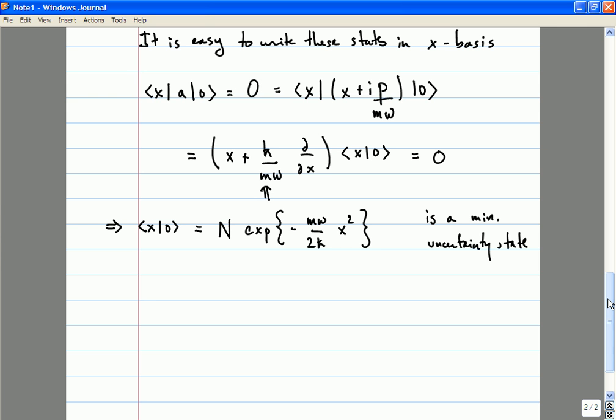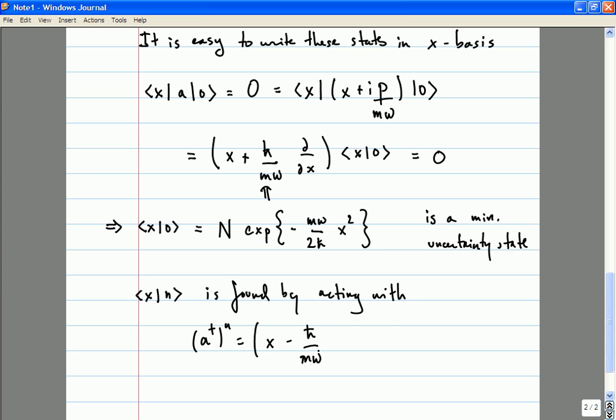How then would one write down the wave function of a higher order state where the number operator is non-zero? Well, that is just found by acting with the raising operator. In particular, the raising operator to the nth power is just x minus h bar over m omega times d by dx, viewed as a differential operator, to the nth power.